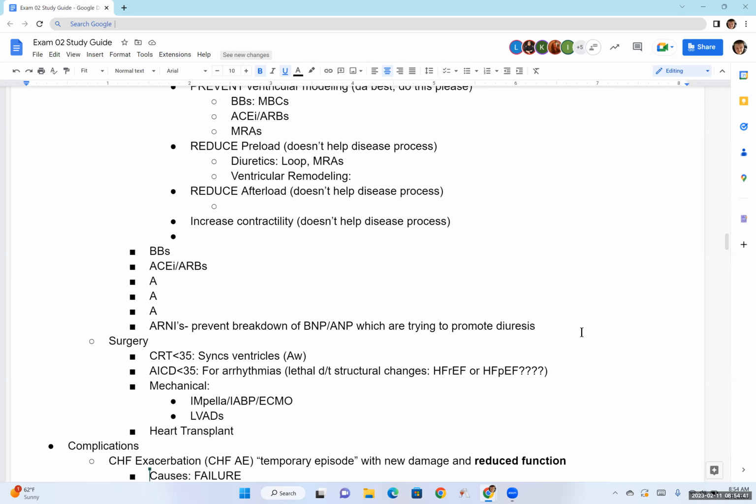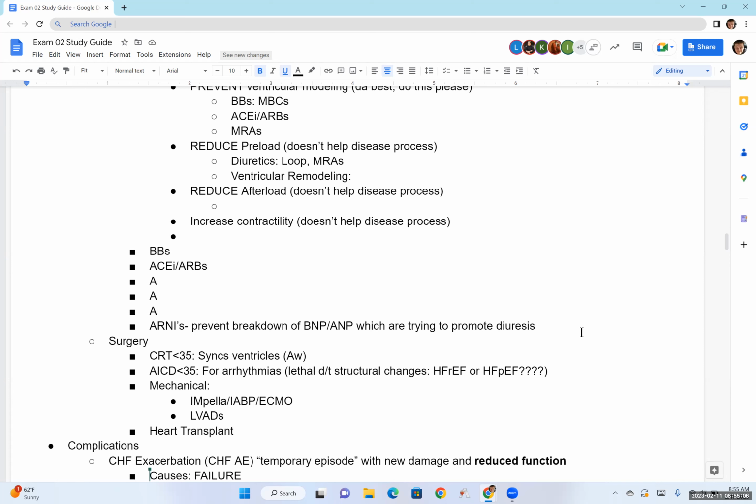And then we have CRT, which is not what a Republican hates, but cardiac resynchronization therapy. It makes the left and the right ventricle contract simultaneously. If you have left failure, the left ventricle is doing its thing and the right ventricle is doing its thing, and it's all weird and dilated, and it's not able to pump blood out because the EF is less than 35.